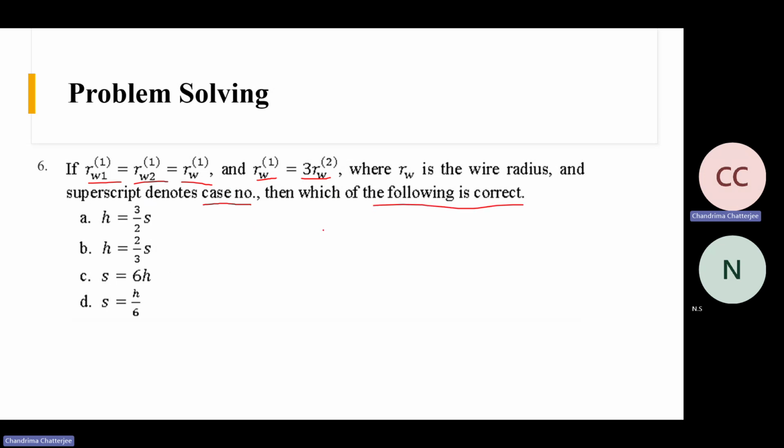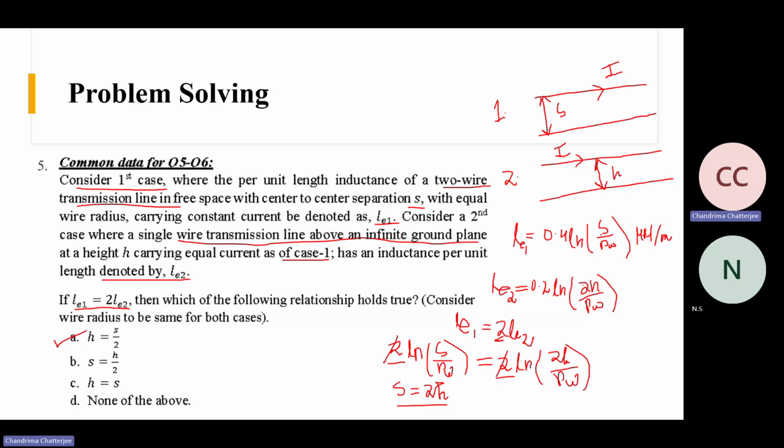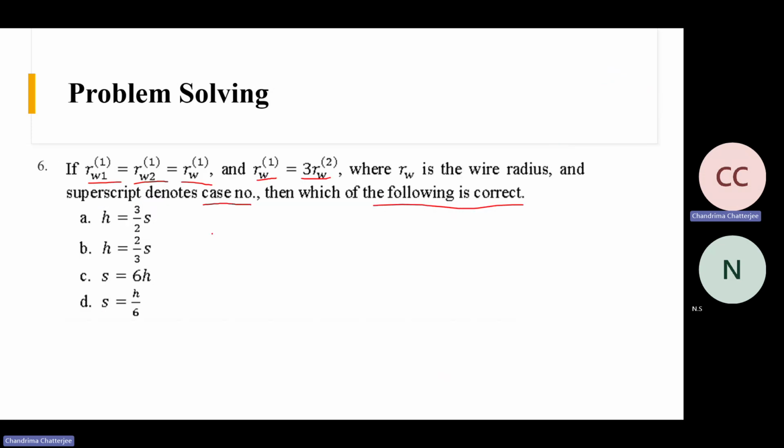So this is also very easy. Again, we will have to refer to these equations, and this also holds true here: LE1 is equal to 2 LE2. But now the wire radii are different.